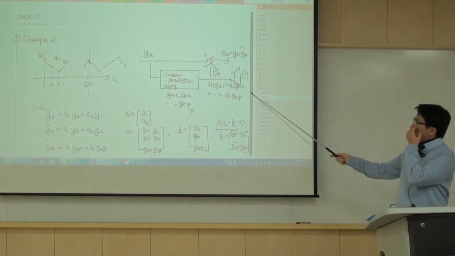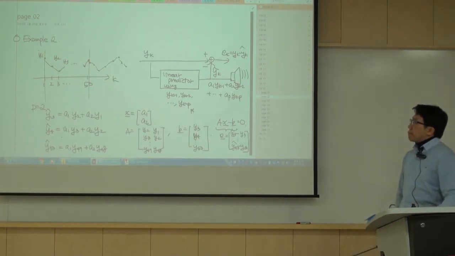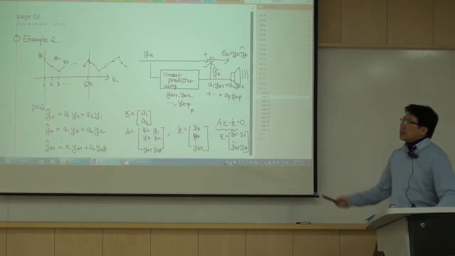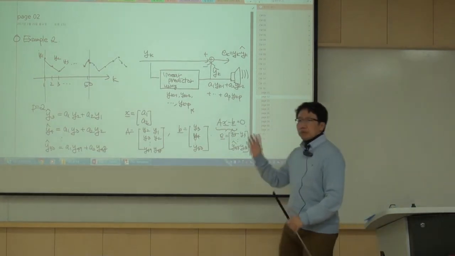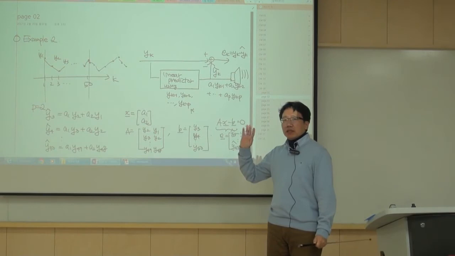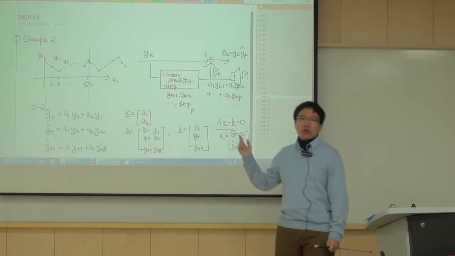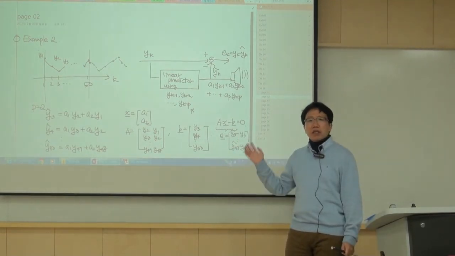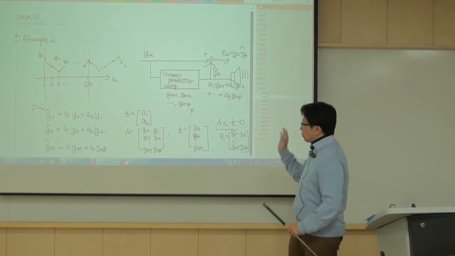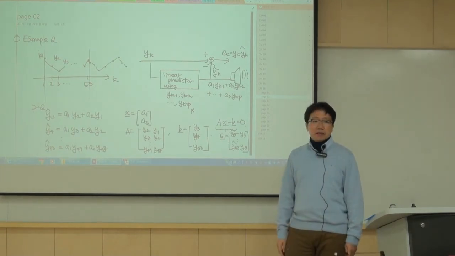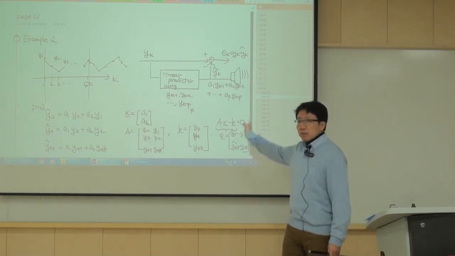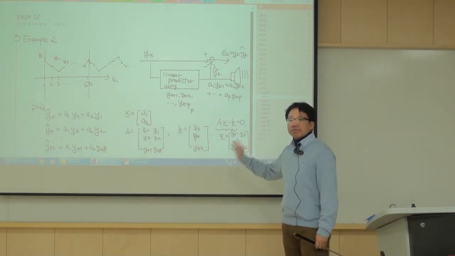Maybe possible. But this is a too simple problem. Actually, a more realistic problem is more complicated than this. But anyway, I believe you get enough flavor of why this makes sense. Got it?